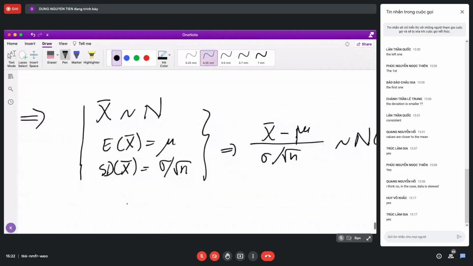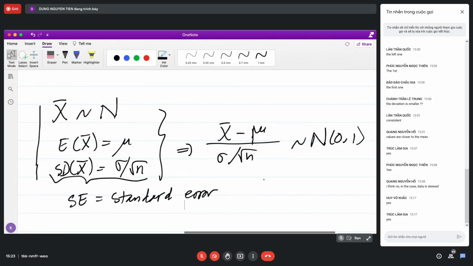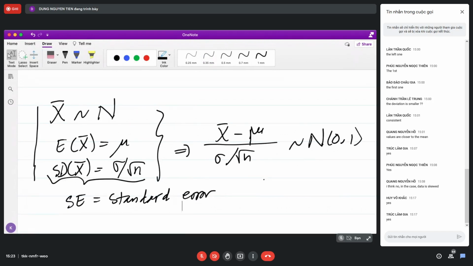Understand? Sometimes we call the standard deviation of the average value the standard error, SE. So the standard error is simply the standard deviation of the average value.